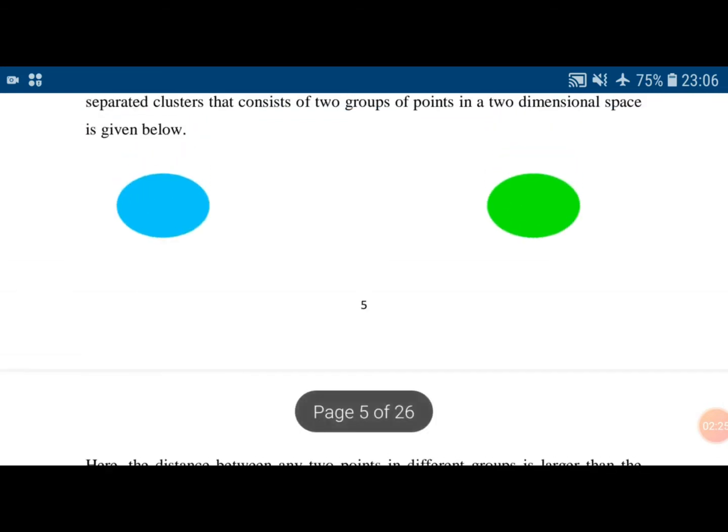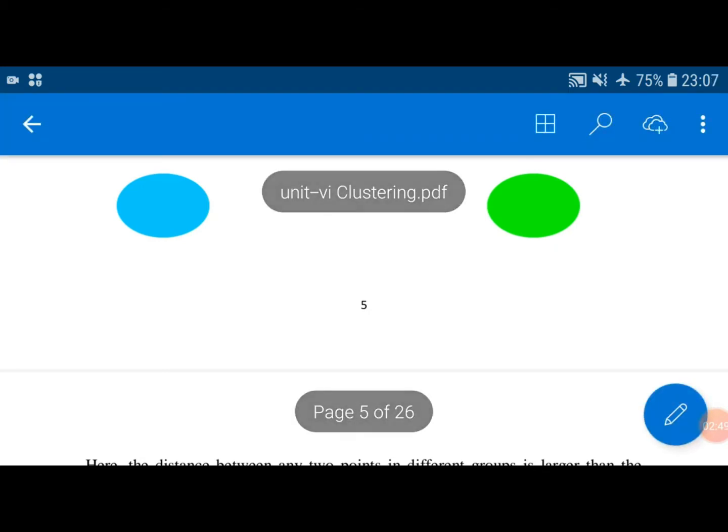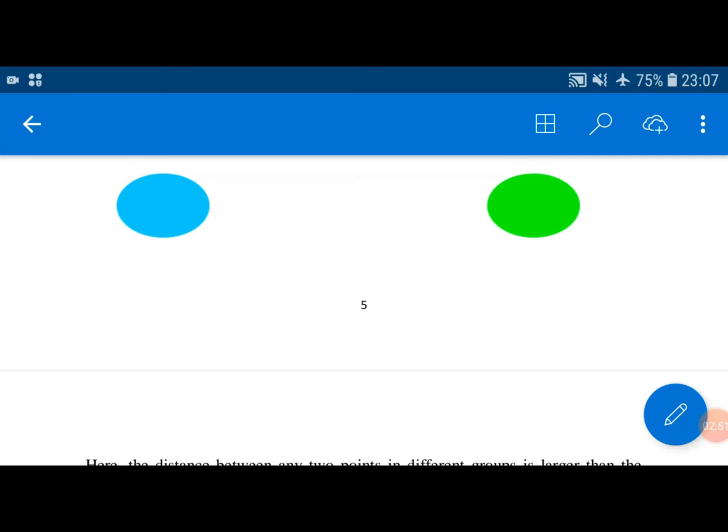As shown in the above figure, in cluster 1, the blue oval, the distance between elements is very near. Again in cluster 2, in the green oval, the elements are all very near.